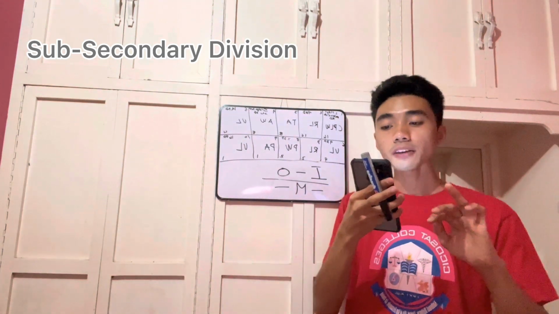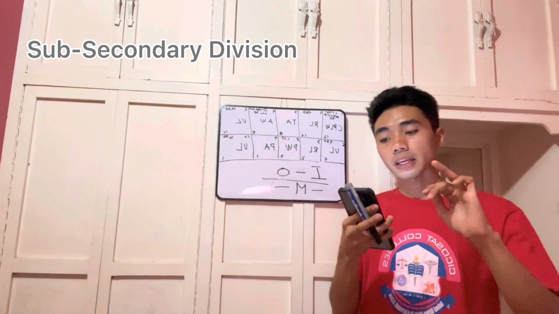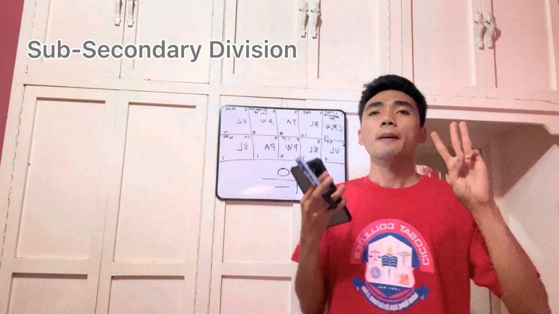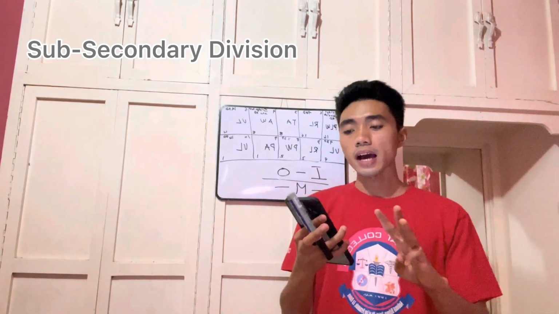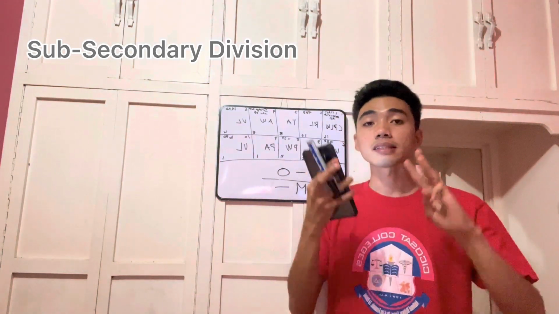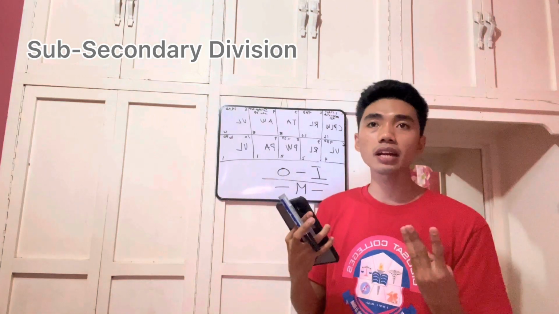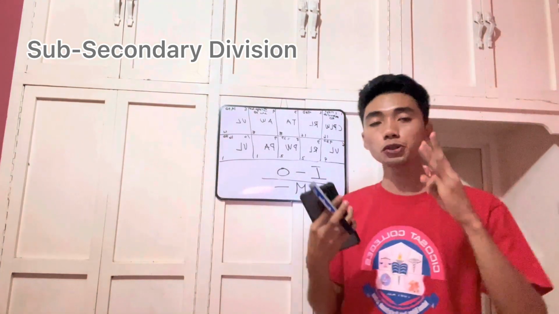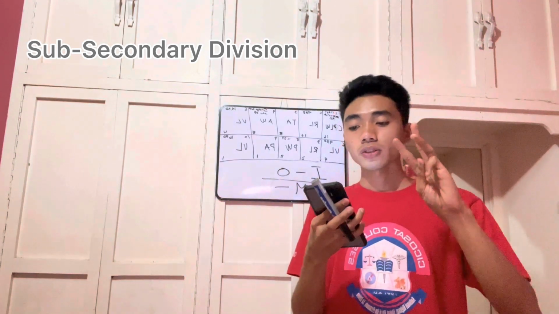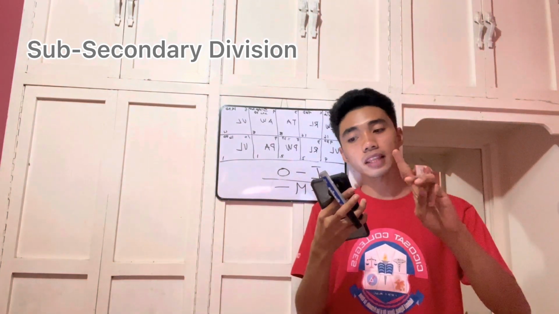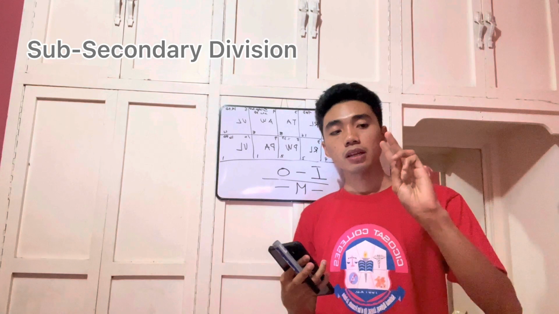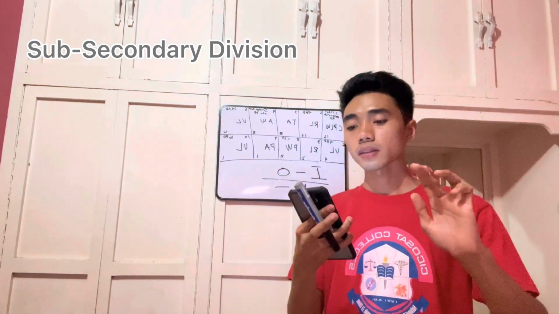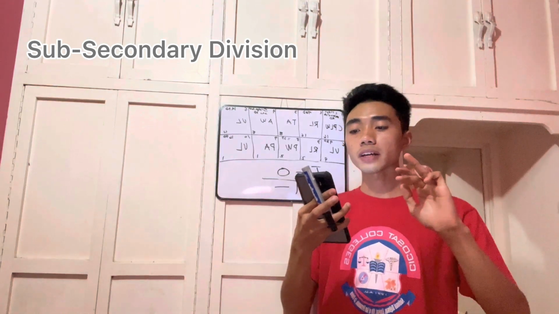Sa ring finger natin is 1 to 13 and 14 or more sa outer niya. Para mas madali nating maintindihan, yung inner natin yun yung kabisaduhin natin. So, ang inner ng index natin is 1 to 9. Sa middle natin is 1 to 10. So, sa ring finger is 1 to 13.